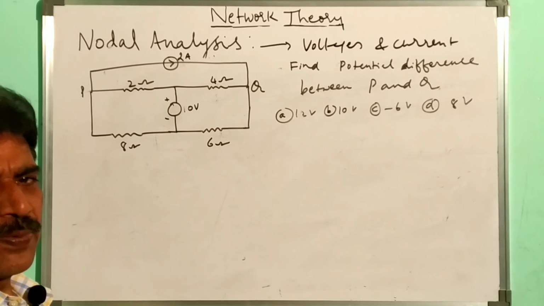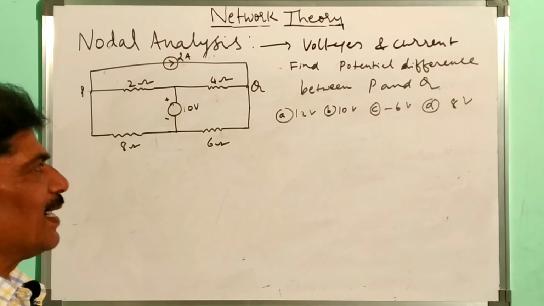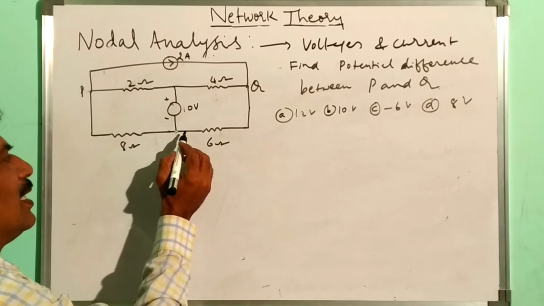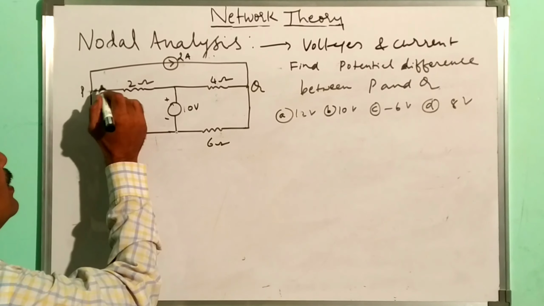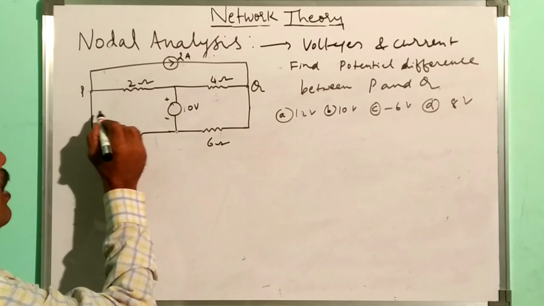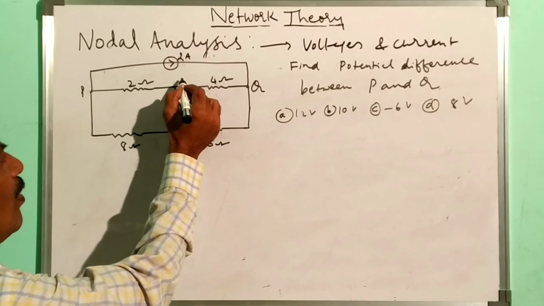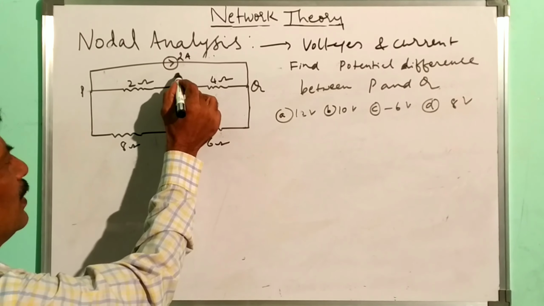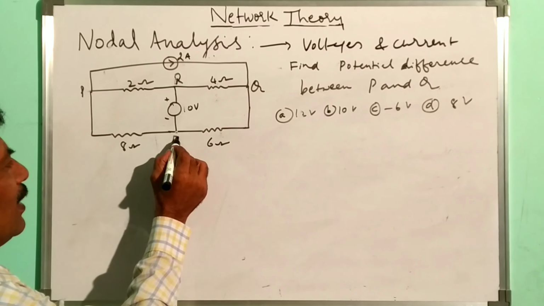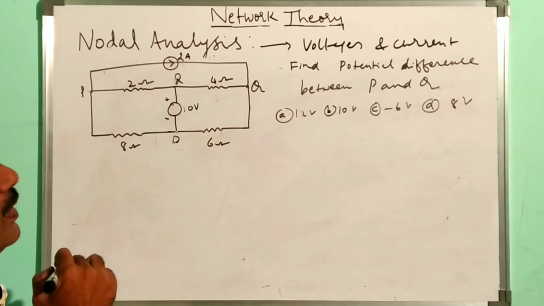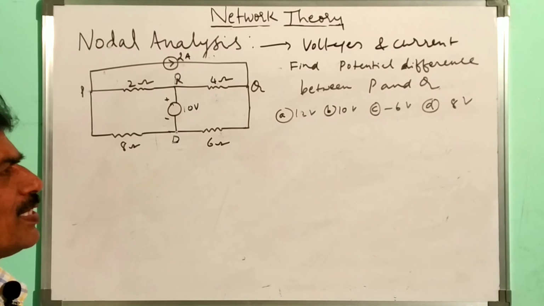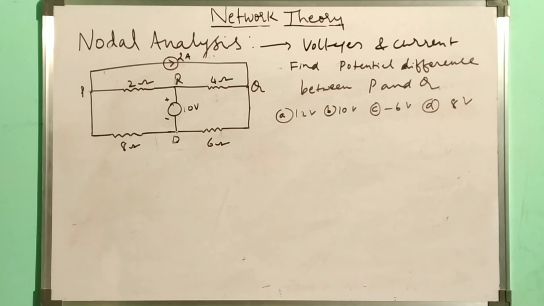Out of these 4 principal nodes, one is taken as a datum node. Let us take the bottom node as datum node now. Let this be R, with P and Q already given, and let this be D, the datum node. The question is to find out the potential difference between P and Q.